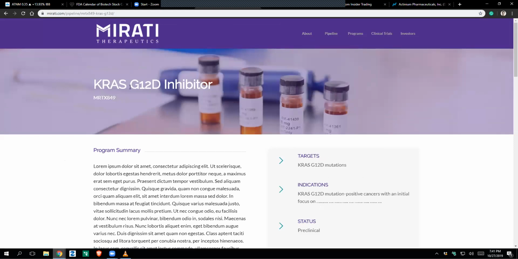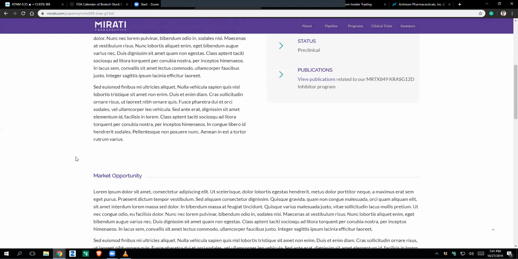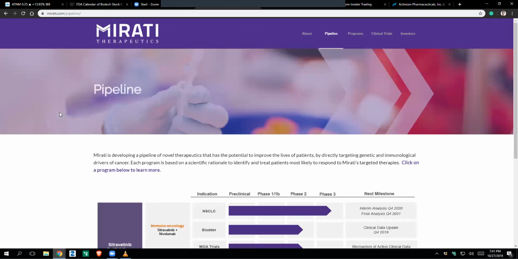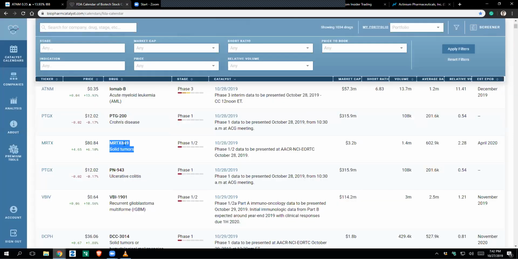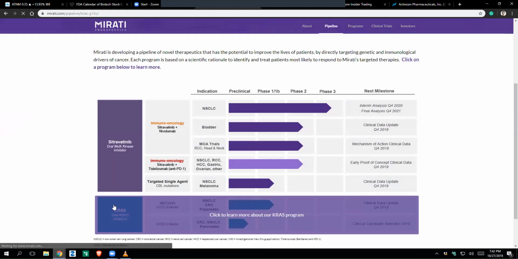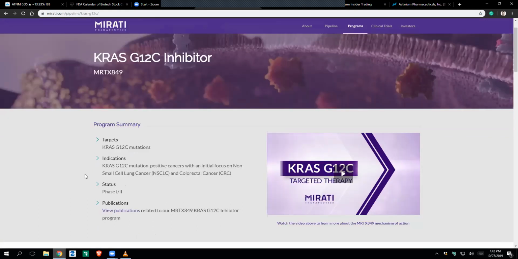So let's look at this. This is the molecule KRAS G12C inhibitor MRTX 849, which targets KRAS G12C mutations.